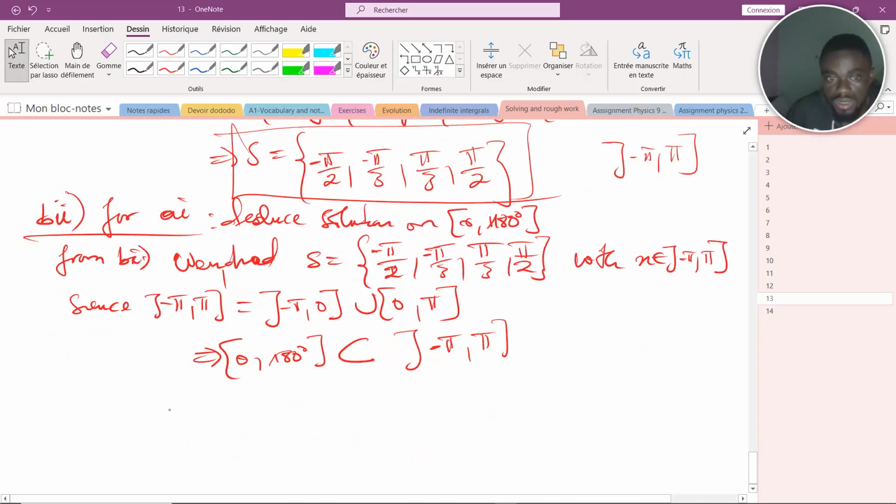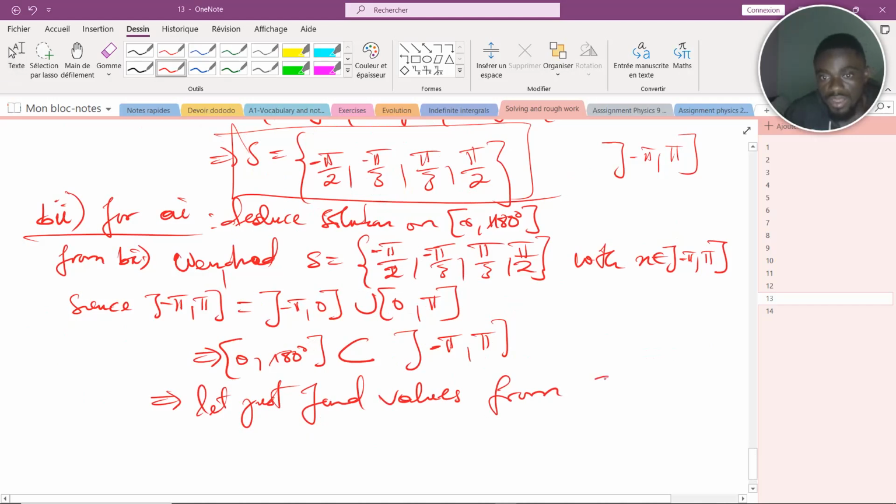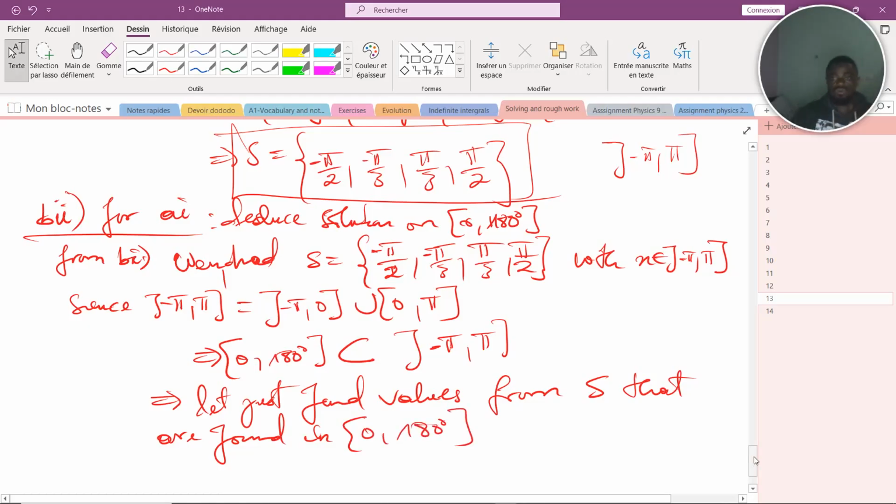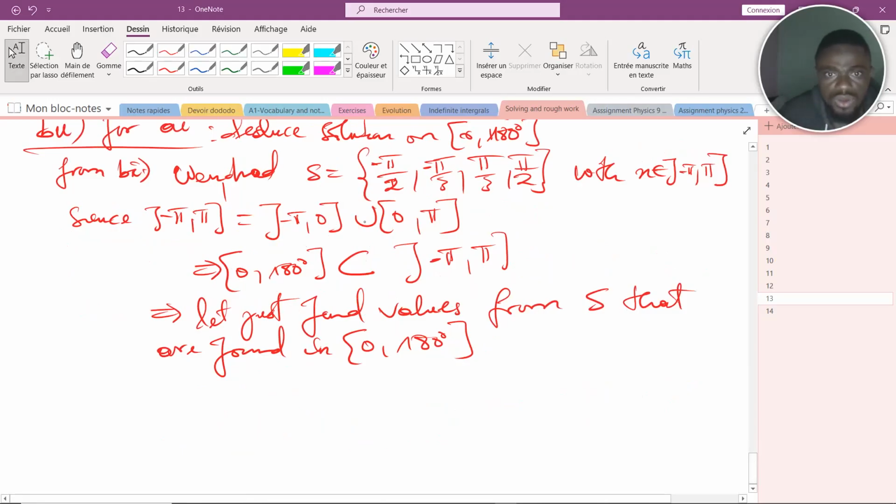So it implies let's just find values from S that are found in the interval 0 to 180 degrees. Done. So from this S, what are the values that are found here? The values that are found here are simply pi on 3 and pi on 2.